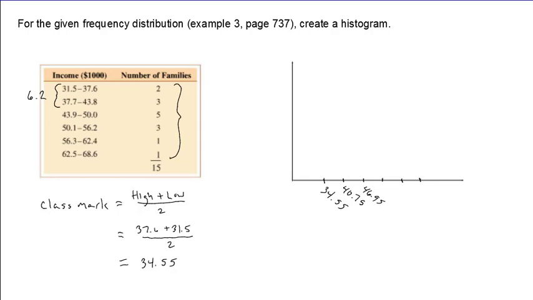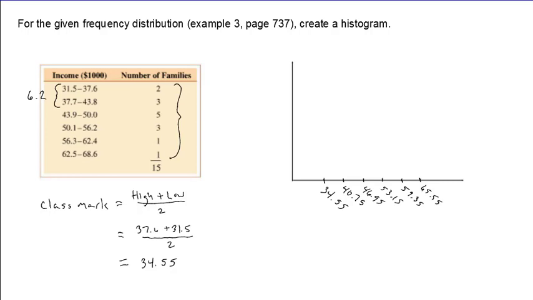And when I add 6.2 for my fourth one, I end up with 53.15. Two more times, plus 6.2 more ends up with 59.35. And last but not least, when I do it one more time, the result is 65.55. That is the class mark, or the middle of each of those 6 classes.